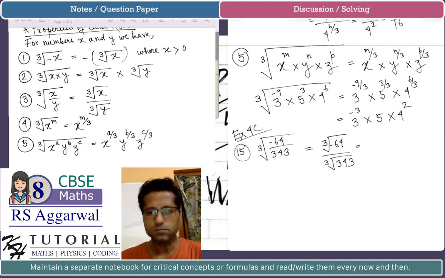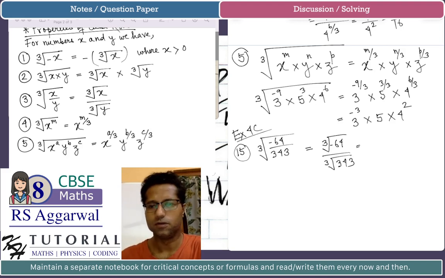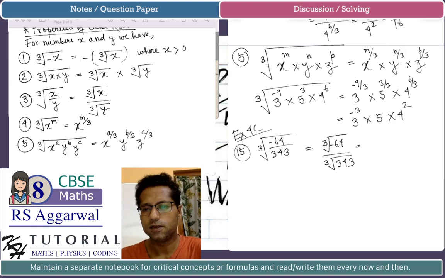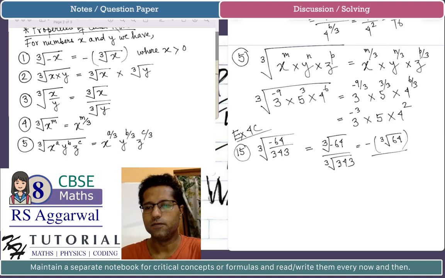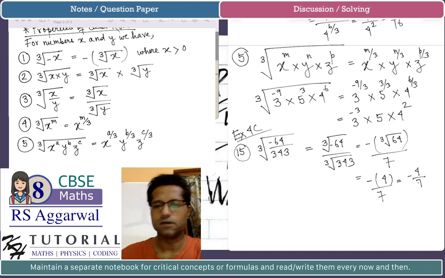Now minus 64 is the negative of cube root of 64, and cube root of 343 we know is 7. So this is equal to negative of cube root of 64, which is 4. So the answer is minus 4 by 7.